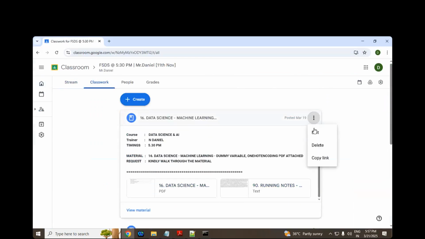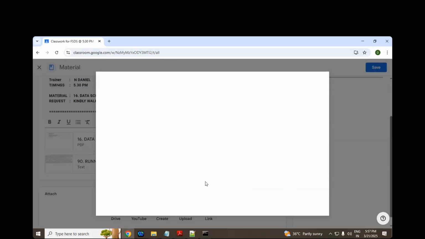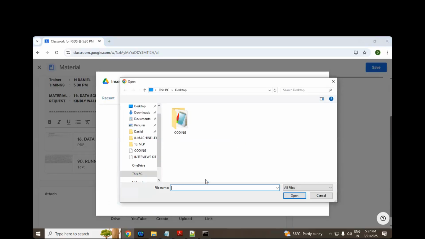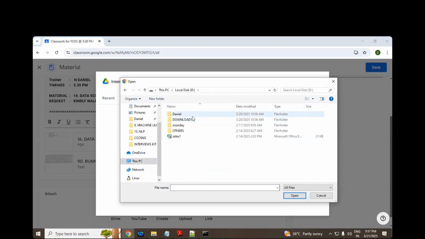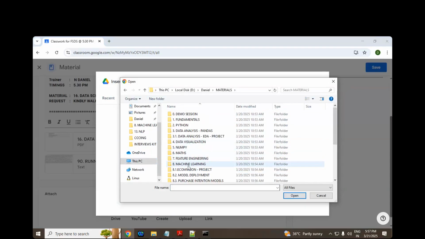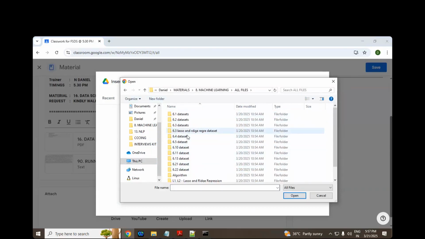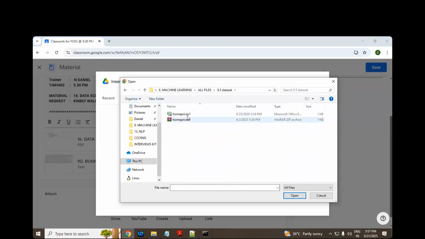What is the data set? Any idea? Home prices 2. Okay. So-called material, go to machine learning, home prices 2, here it is.